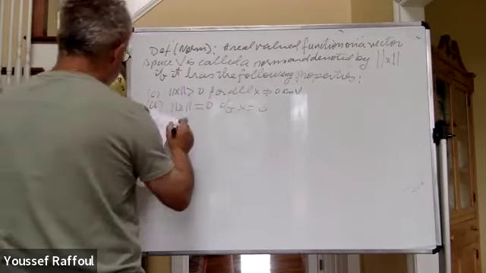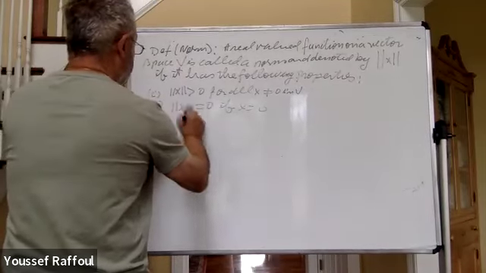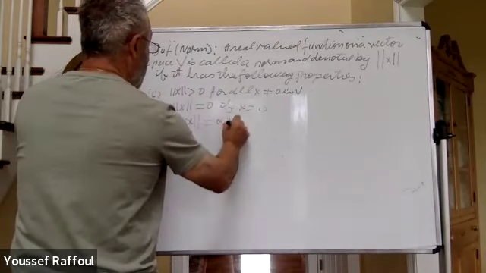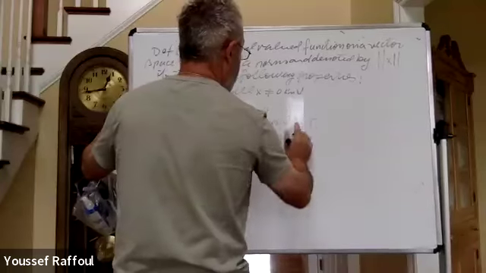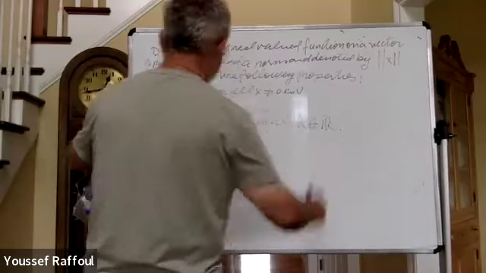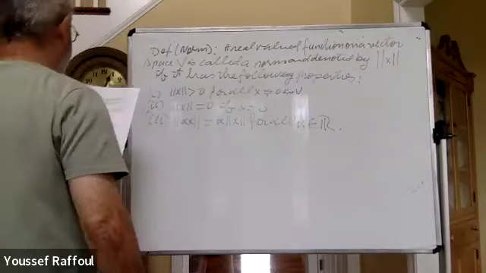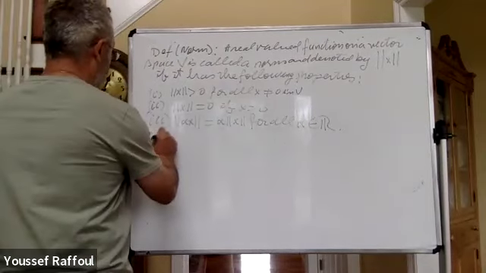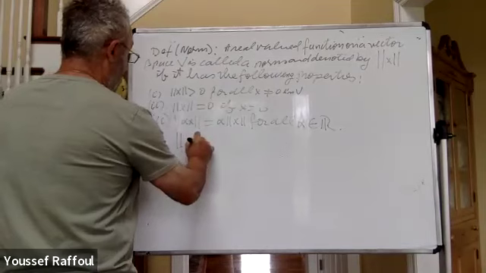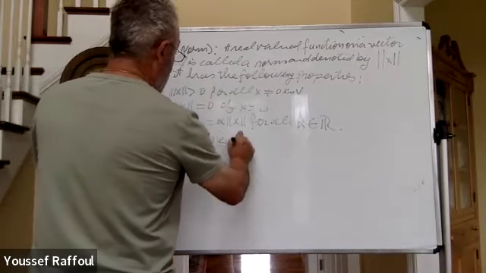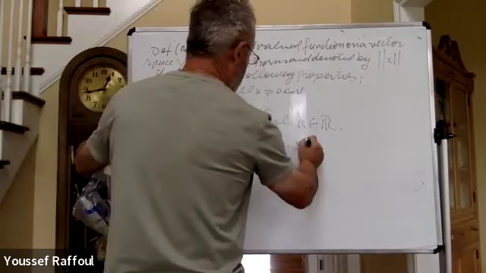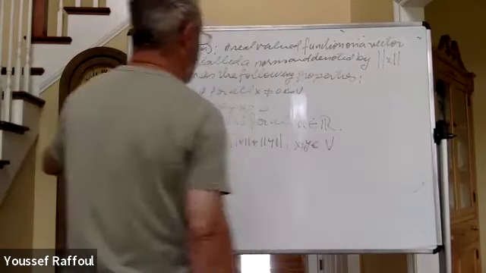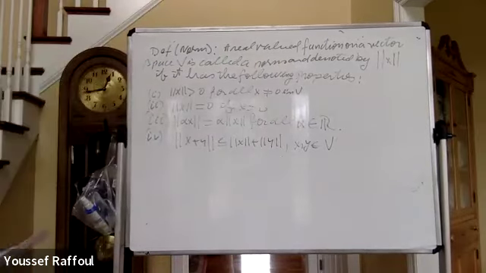Three, norm of alpha x equals absolute value of alpha times norm of x for all alpha in R, and four, norm of x plus y is less than or equal to norm of x plus norm of y, and x, y belong to the vector space V.